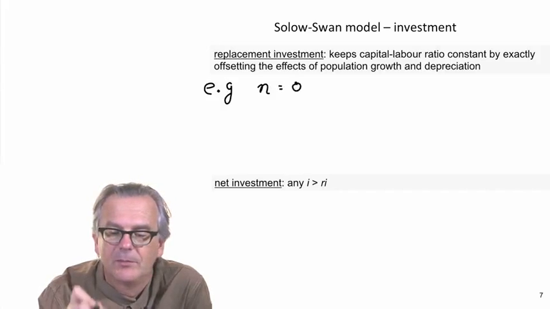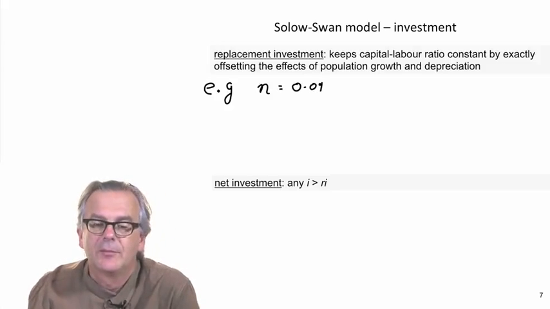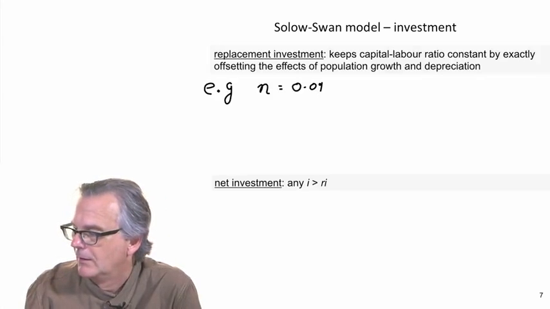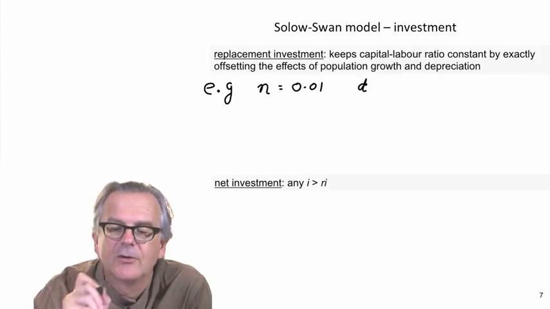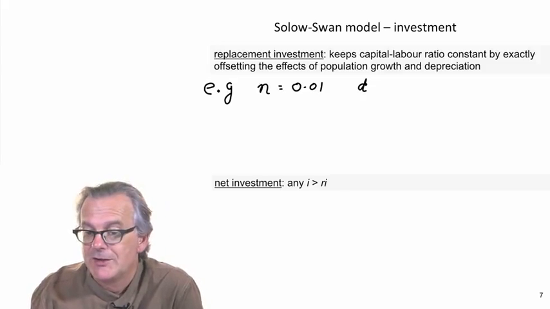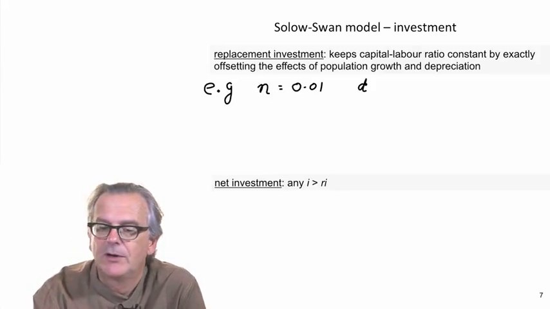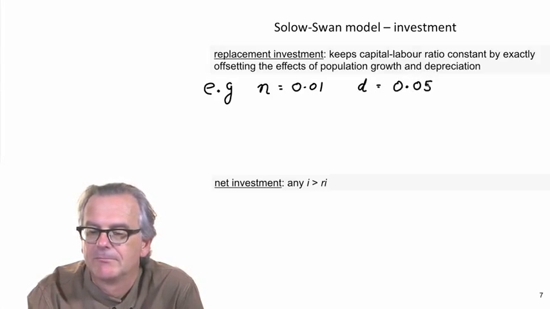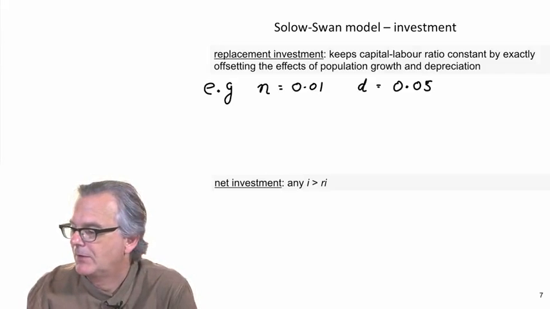Let's suppose that the population is growing at a rate of 1% a year, which we'll represent by the number 0.01. And let's suppose at the same time there is a depreciation rate, and I'll use the letter D to stand for the depreciation rate. Now, this is the proportion of the capital stock that wears out through use over a particular time period. Let's suppose that's 5%. Over a year, perhaps, 5% of the capital stock can be expected to wear out.